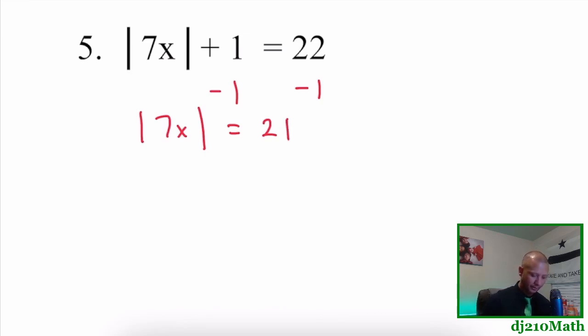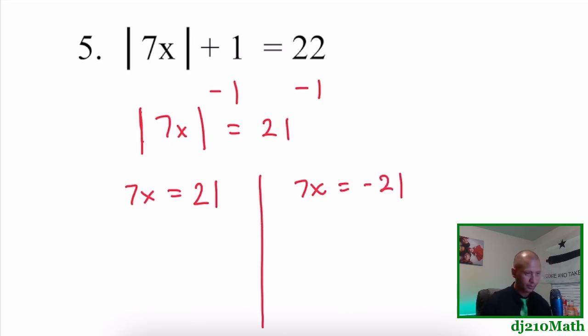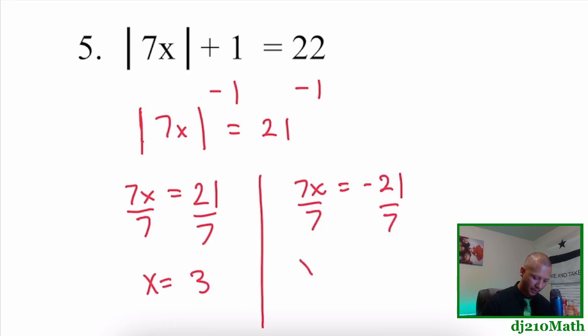Okay, it's isolated, 21 is positive, so we're going to split it into 2. 7x is equal to 21. 7x is equal to negative 21. On the left, dividing both sides by 7, x is equal to 3. On the right, dividing both sides by 7, x is equal to negative 3.